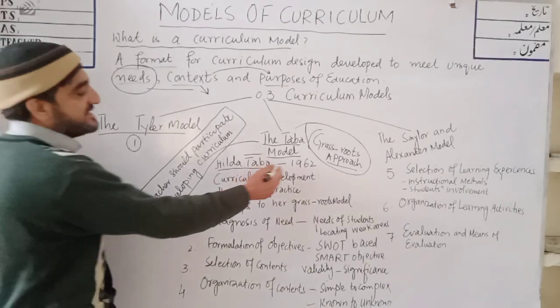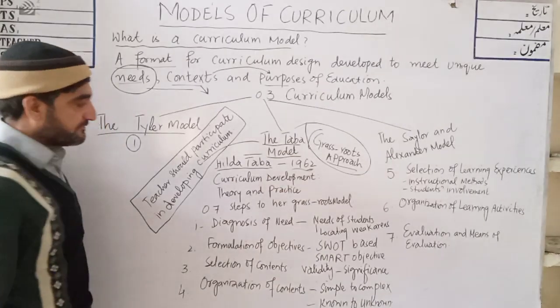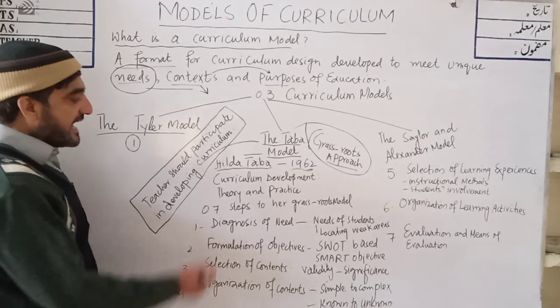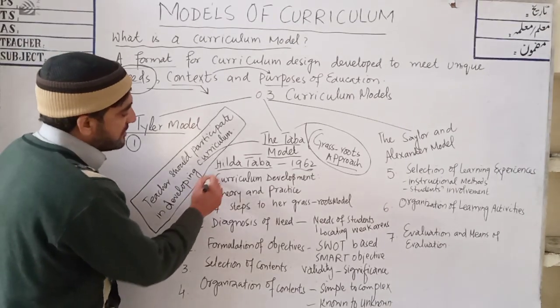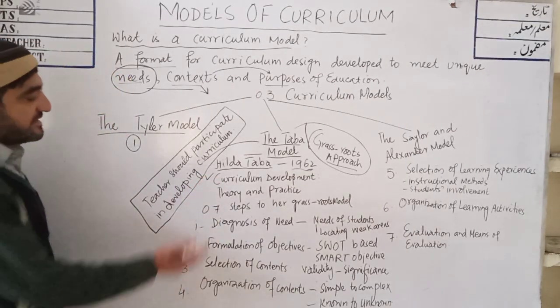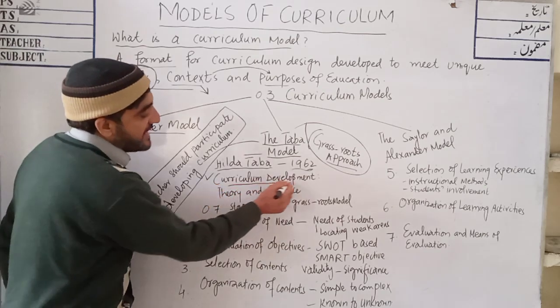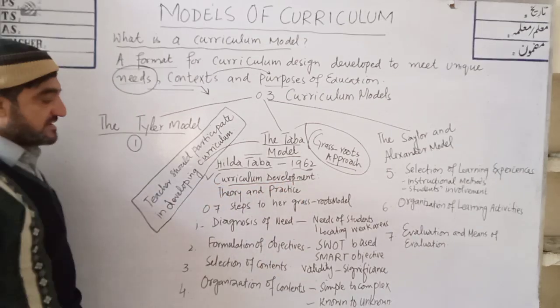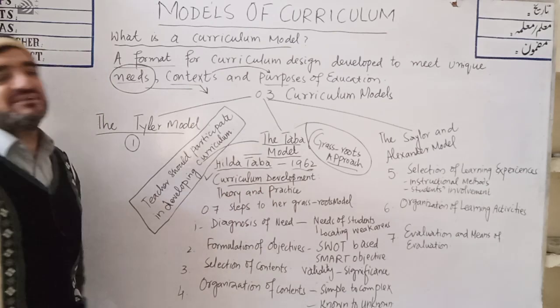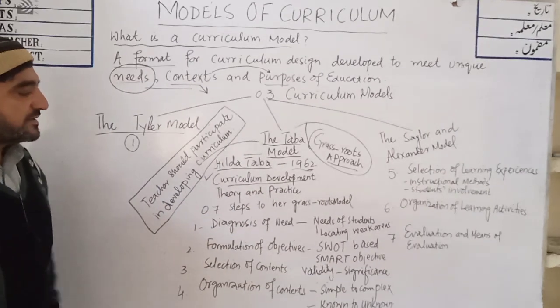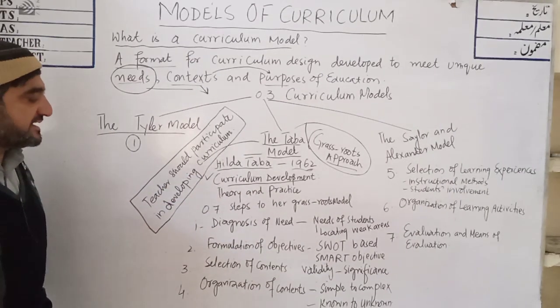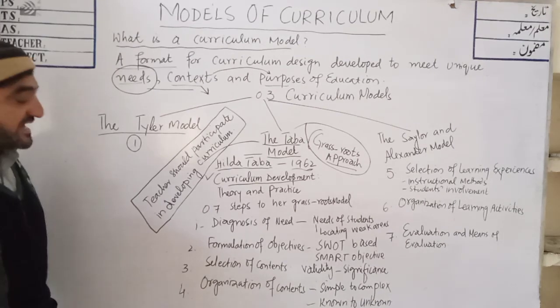It was presented in 1962, and the book in which it was mentioned was Curriculum Development: Theory and Practice. This is the book in which the Taba model is there in detail.